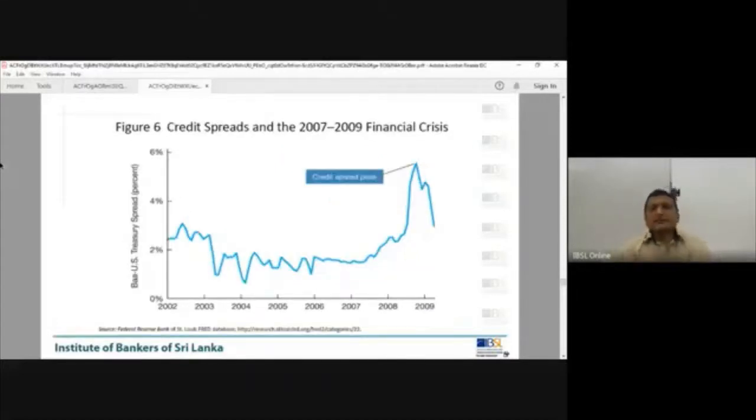So a significant reduction in prices was noticed in the asset market in the US. And then the credit spreads: the BAA versus US Treasury spread. Generally it was more or less about 1.5% in normal circumstances, but then it hit almost 6%.